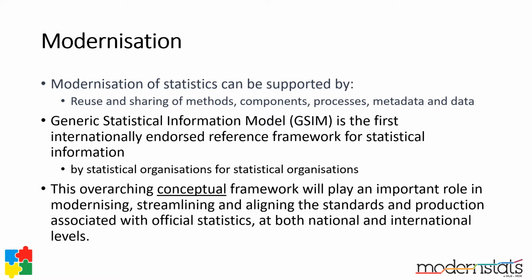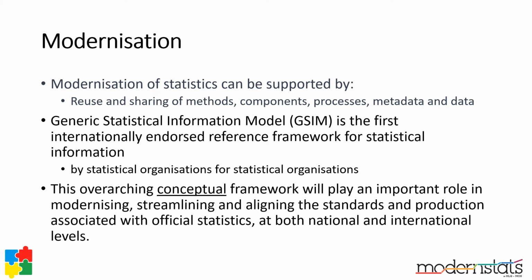Now, the generic statistical information model, the GSIM, is the first internationally endorsed reference framework for statistical information, by statistical organizations and for statistical organizations. When I say reference framework, that means that we can implement it as we wish, as detailed as we wish.